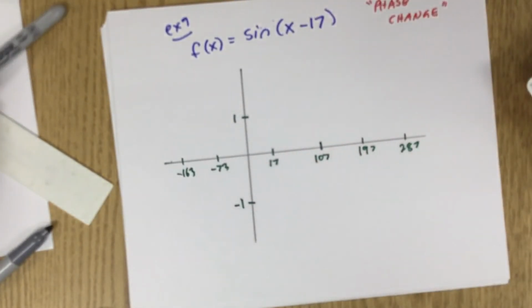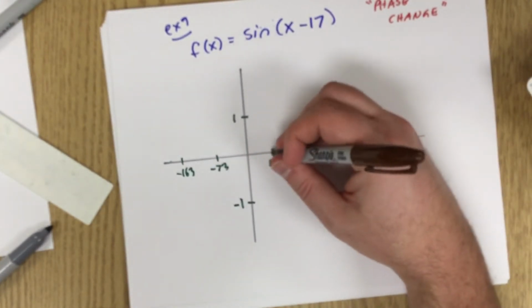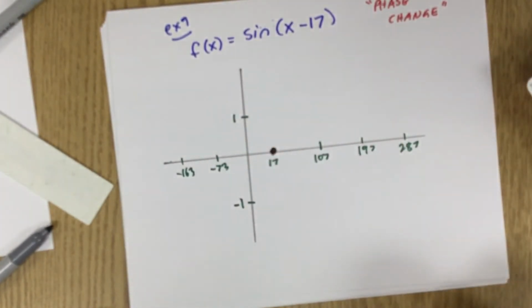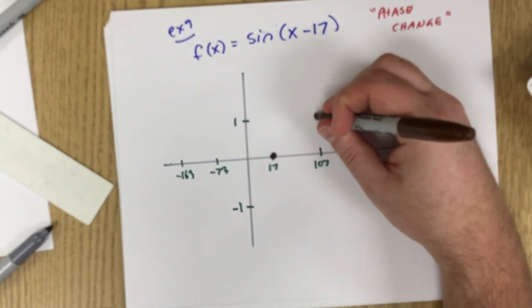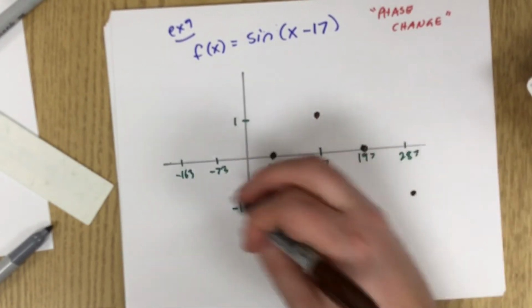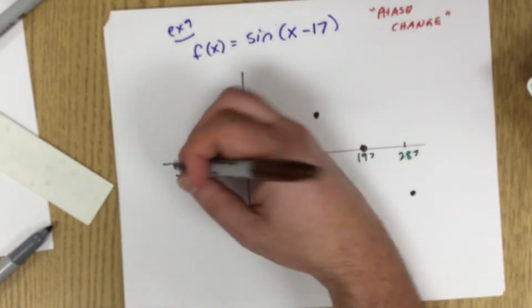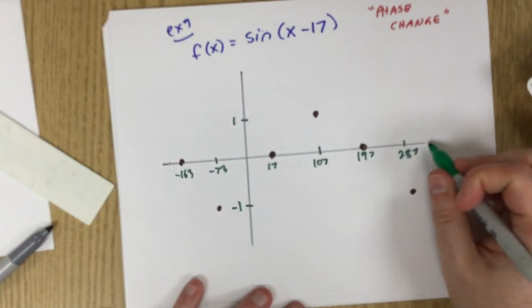And where are the points going to go? Well, normally the starting would be at 0, but now the starting has moved 17 to the right, so we start over there. We go up there, come back down there, at the bottom over there. We're at the bottom here. We're back to the middle over there. Normally I probably would have gone one more, right?